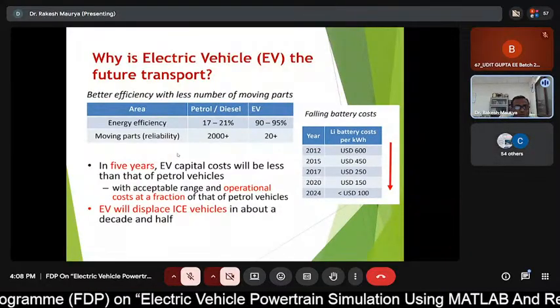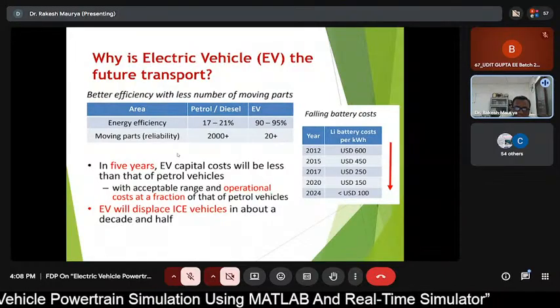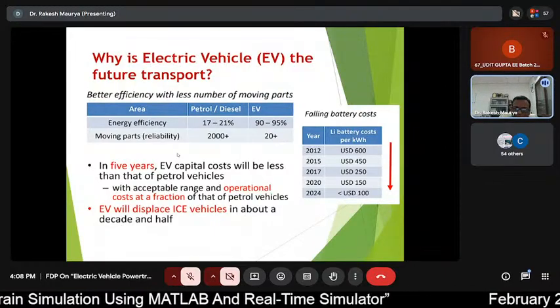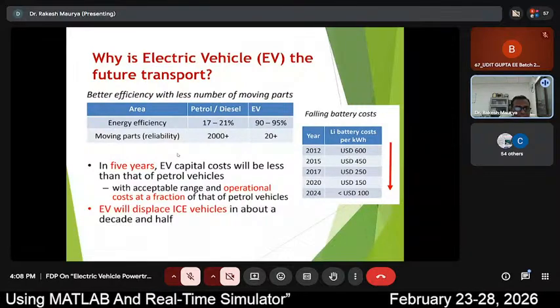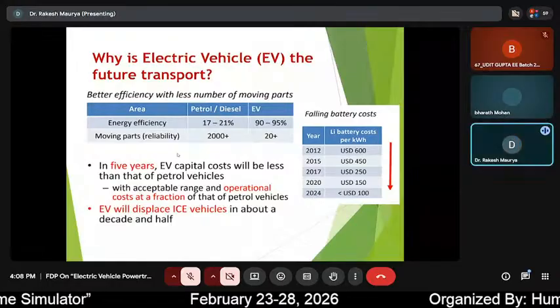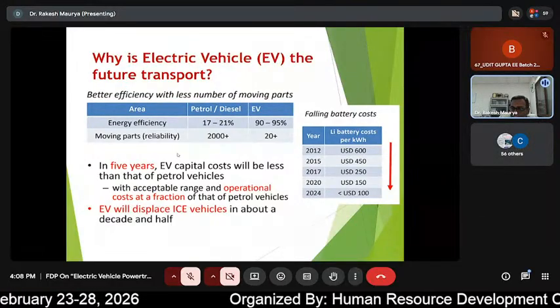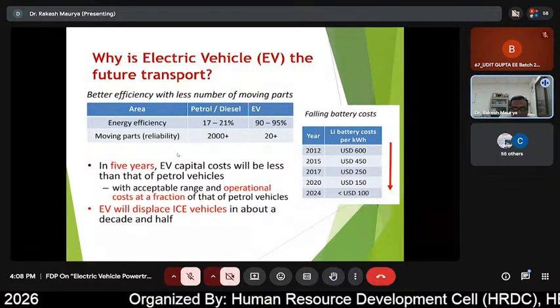Now coming to the first question, why electric vehicle? I think it is open, and various debates have been conducted at various places, and it is well known that electric vehicle is the future transport. Can anybody tell? Anyone from the audience?